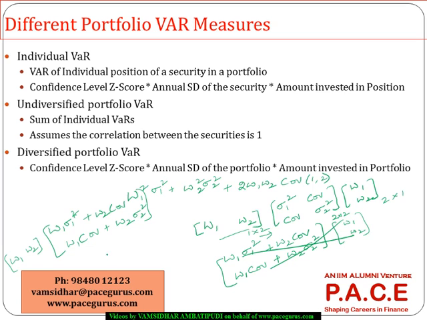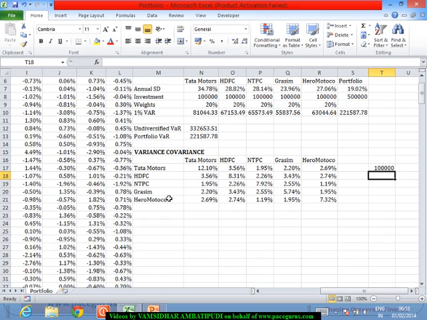So this is directly becoming W1 squared sigma 1 squared plus 2W1 W2 covariance plus W2 squared sigma 2 squared. So to get this kind of formula directly, I can use a matrix notation of this form. So W1 W2, the weights or the investments, can very well be in the form of three matrices.